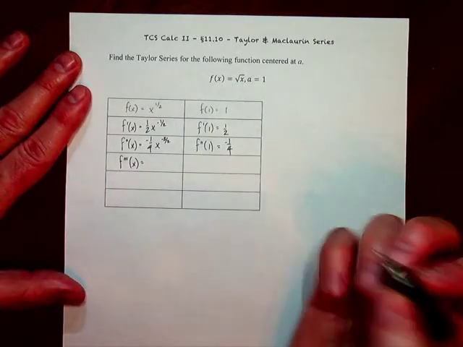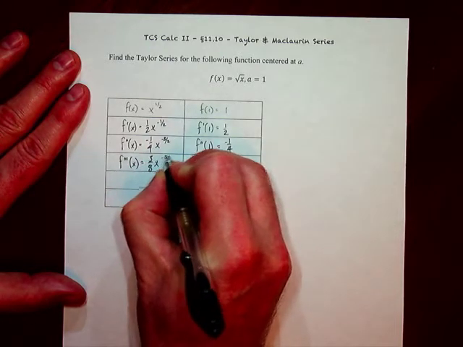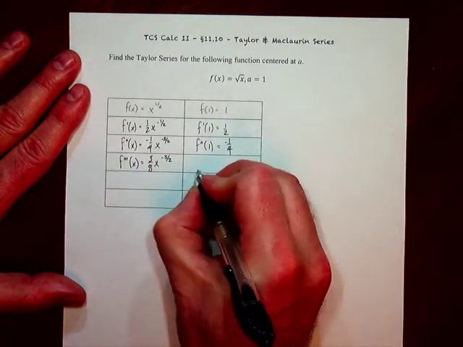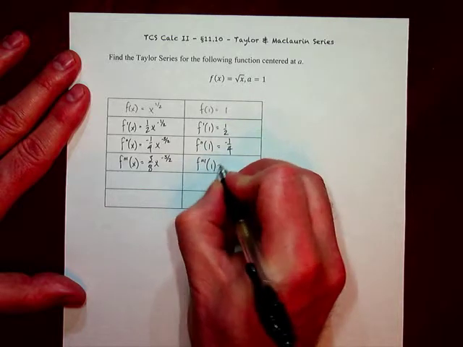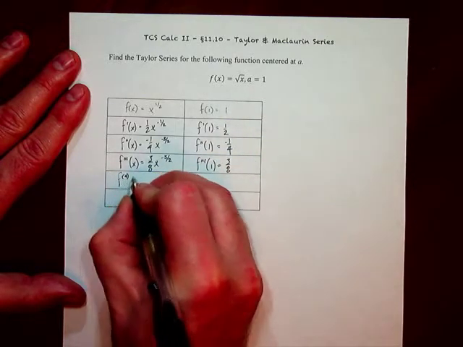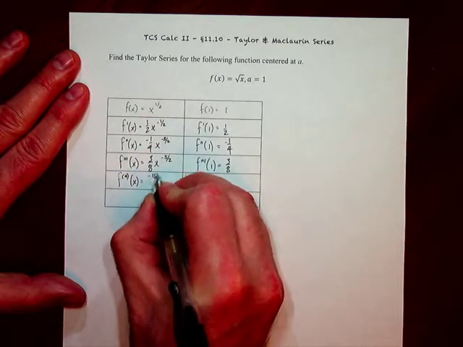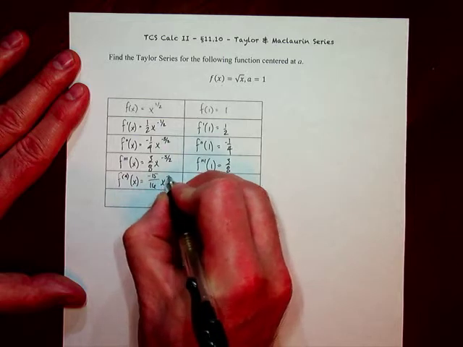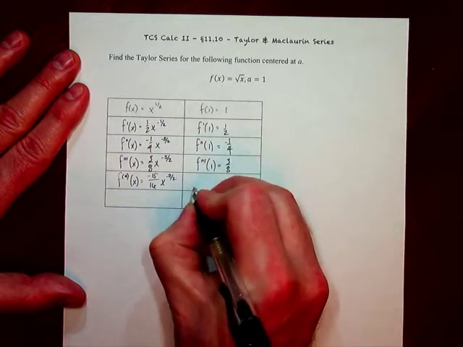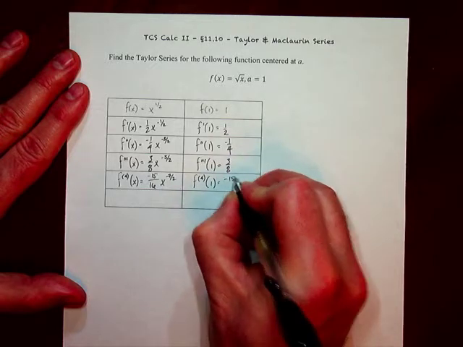It's just sort of a dealer's choice kind of issue, I think. So negative 5/2, and of course that means that f triple prime of 1 is going to be 3/8. Now the fourth derivative at x is going to be negative 15 over 16, x to the negative 7/2. And that means that the fourth derivative, evaluated at 1, is negative 15 over 16.